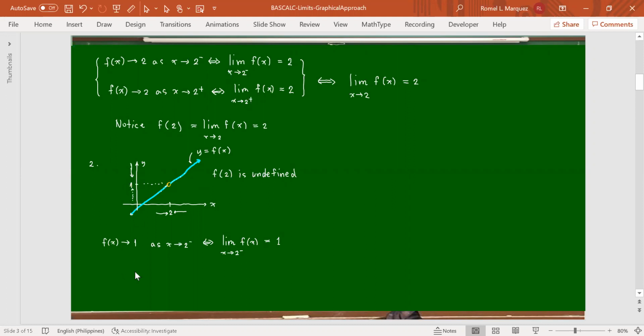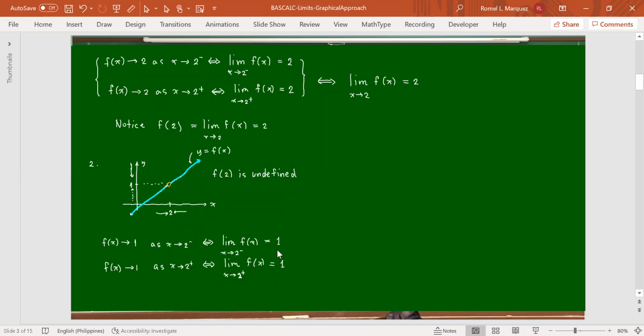It tends to go to 1 also. From the left and from the right of 2, they have the same behavior when x is very, very close to 2. But x is not equal to 2. It is just very, very close to 2. So from the right, it is also equal to 1 as x approaches 2 from the right.